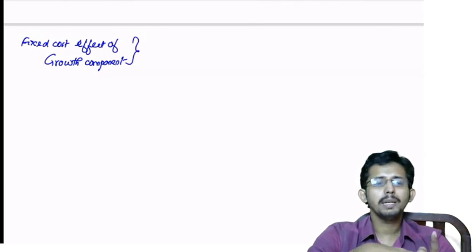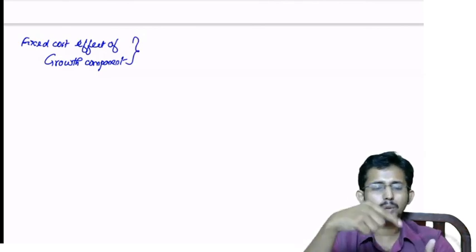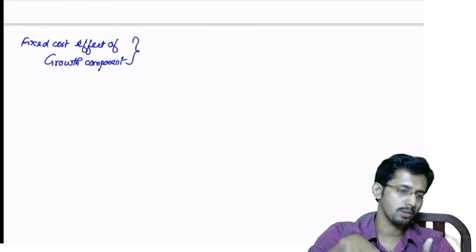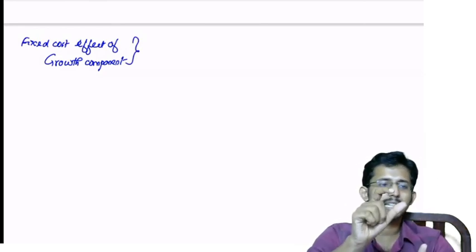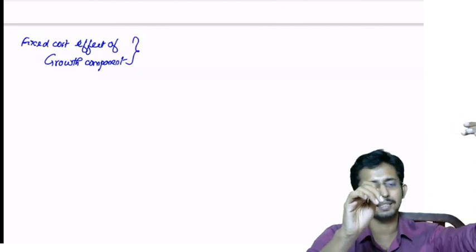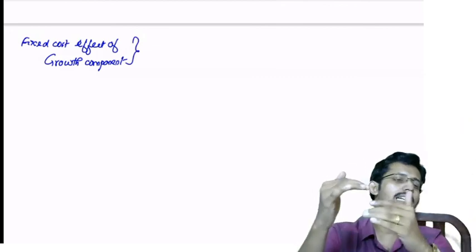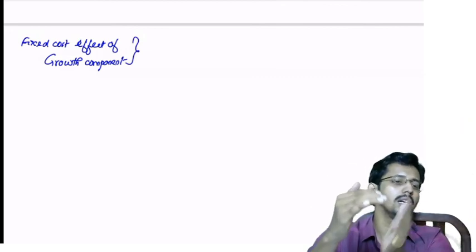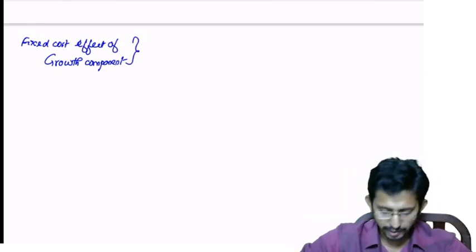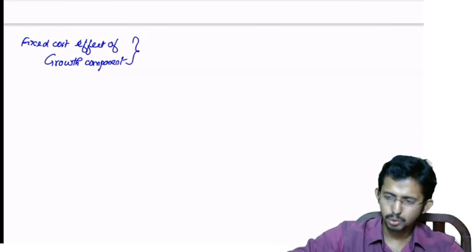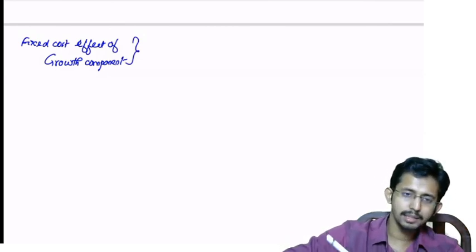When you analyze the impact of such an increase on the fixed cost, you will have to see whether that increase has resulted in a capacity addition, or was there any surplus capacity available with the company to accommodate that increase in the volume. I will give you a dictation on that.